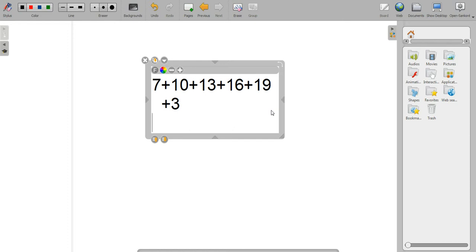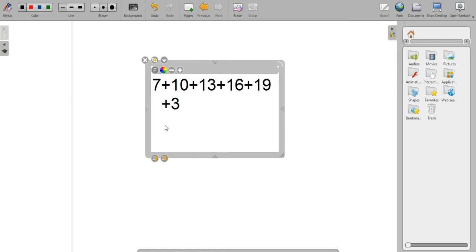So that's the first step. And let's use the thing we were using a little while ago. We add the numbers backwards.